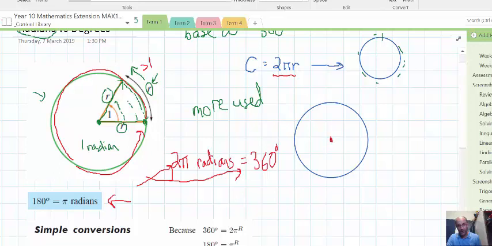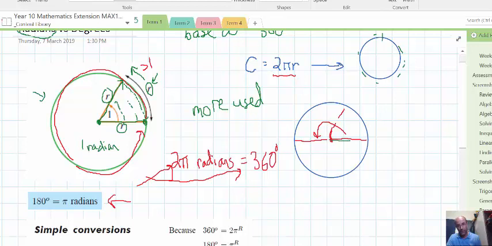And basically we can look at all values in between. So if we had 360 degrees, we go around 2 pi times the radius, or if we have 1 radian here, it'll be 2 pi times a radian, which is 2 pi radians, 360 degrees, if we go right around the circle. And as we said, half of that is 1 pi radian, which is 180 degrees, and we can look at all the values in between.